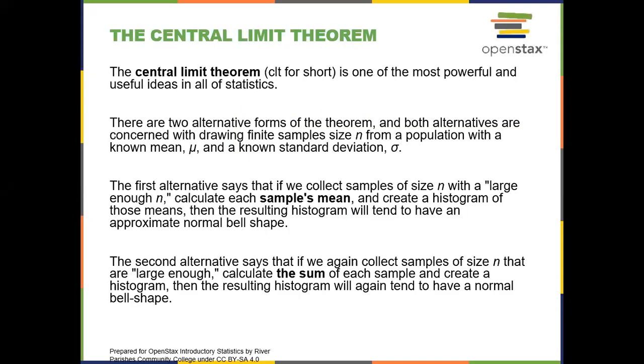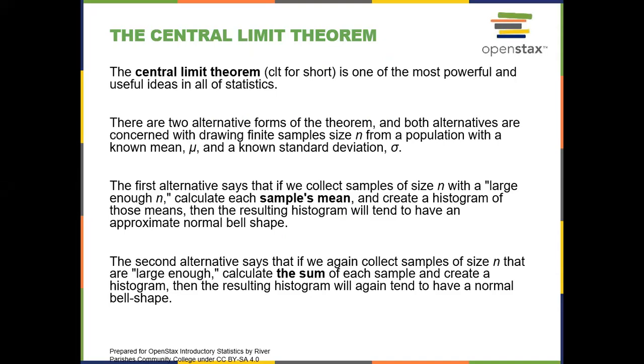The central limit theorem, CLT for short, is one of the most powerful and useful ideas in all of statistics. There are two alternative forms of the theorem, and both alternatives are concerned with drawing finite samples of size small n from a population with a known mean mu and known standard deviation sigma.